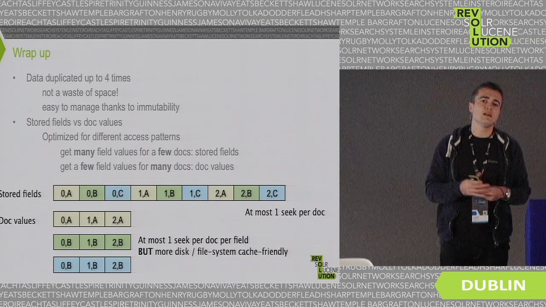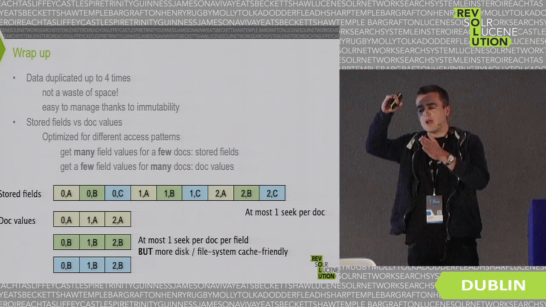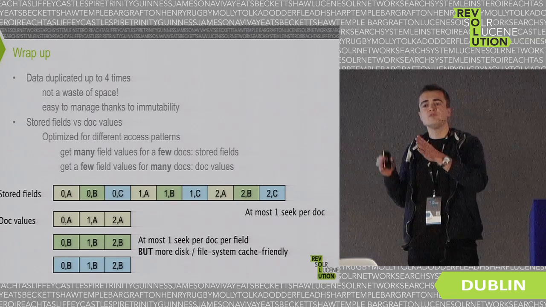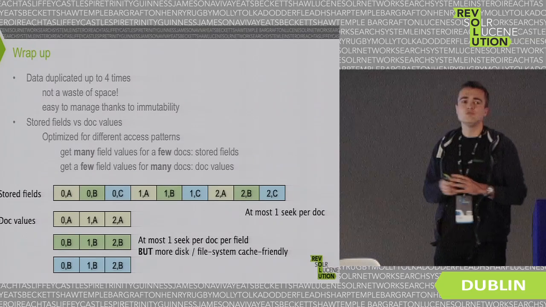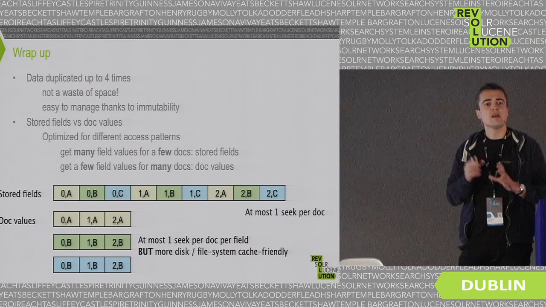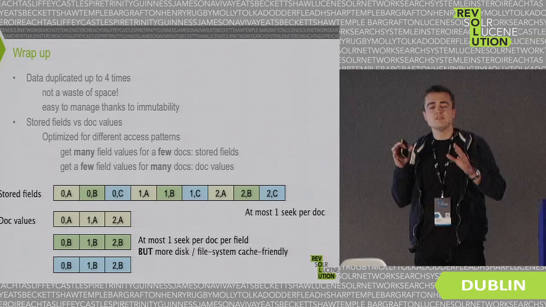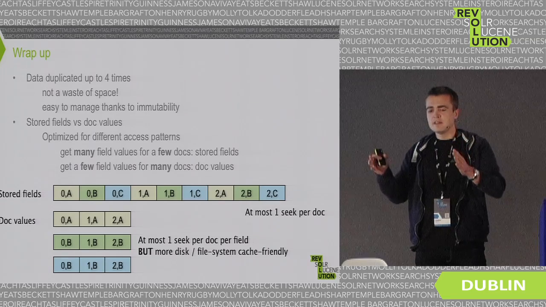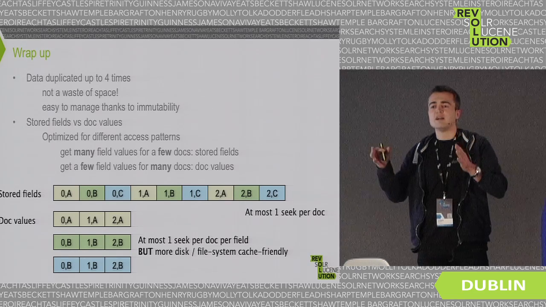This means, for example, if we didn't have the inverted index, we would need to go through every stored field in order to find matches, and this would be super slow. This is why it is really useful to duplicate data. And it is very easy to manage in the Lucene architecture because everything is immutable. This means that it is much simpler to keep data in sync, even though it's stored, for example, in different files.